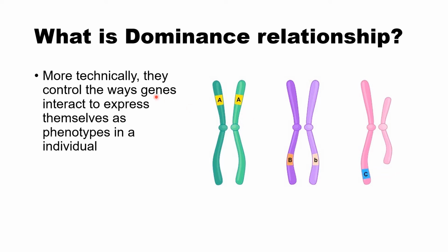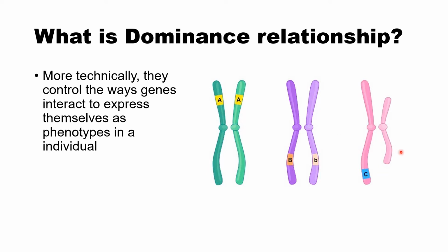So, more technically, when we say dominance relationship, they control the ways genes interact to express themselves as phenotypes in an individual. So, yun yung technical definition ng dominance relationship. Kung paano itong mga genes na to nag-interact with each other in order para lumabas or to express yung phenotype in an individual.